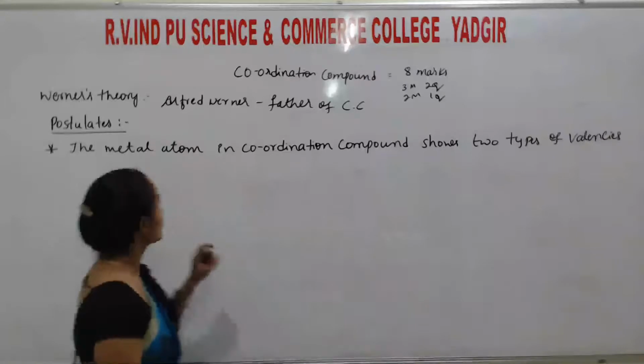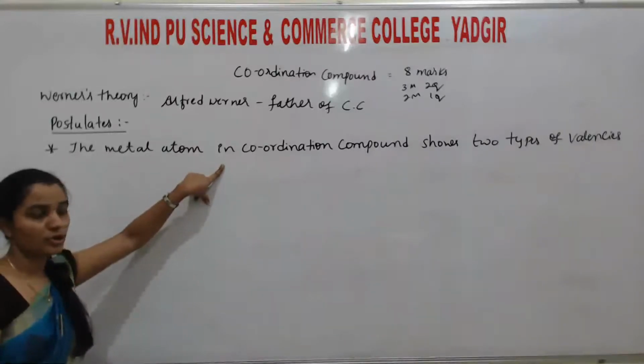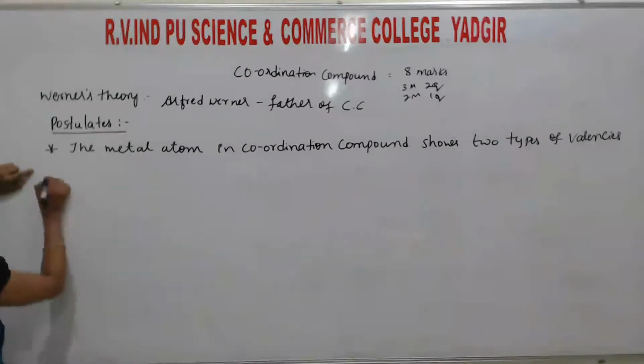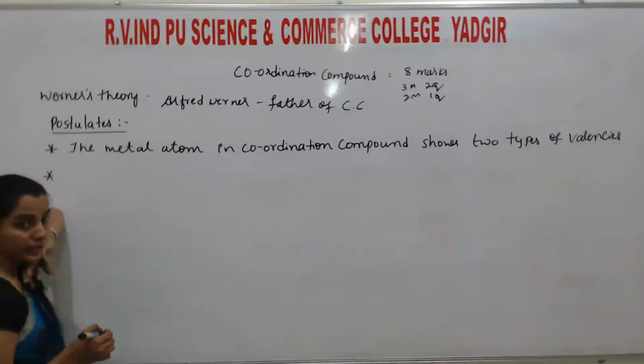One is primary valency, another one is secondary valency.